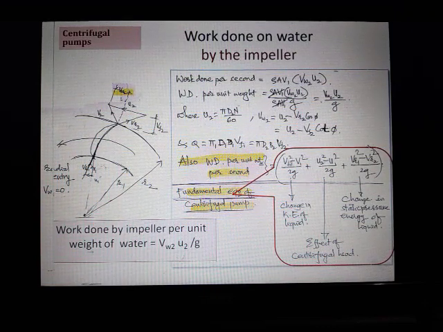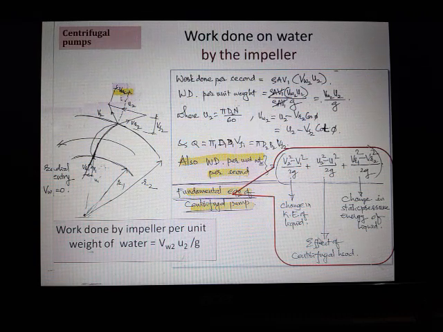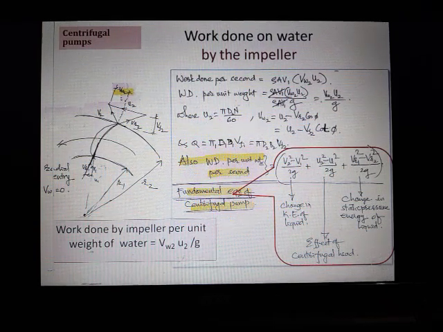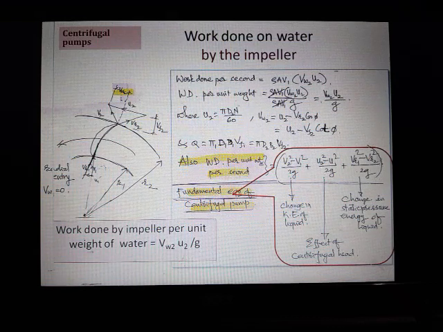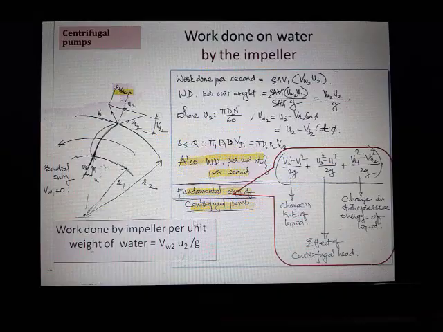So v2 squared by g minus v1 squared by g will be the gain in kinetic energy. So this is the change in kinetic energy of the liquid. Similarly, this expression gives you the effect of centrifugal head, and this expression gives you the change in static pressure energy of the liquid. So this equation is known as the fundamental equation of centrifugal pump.